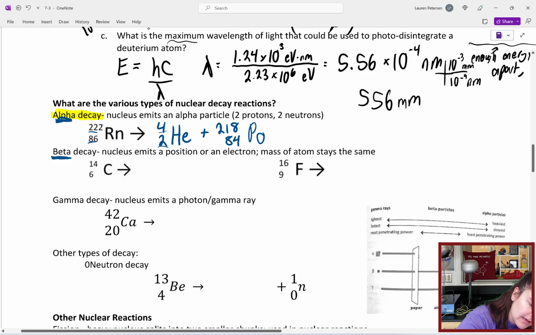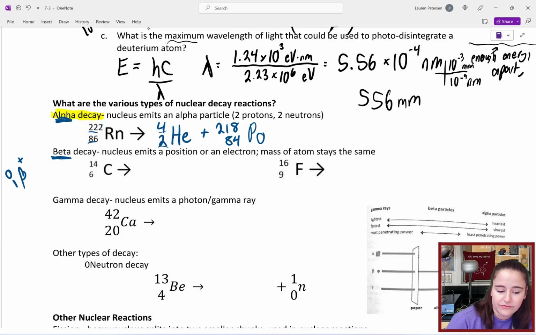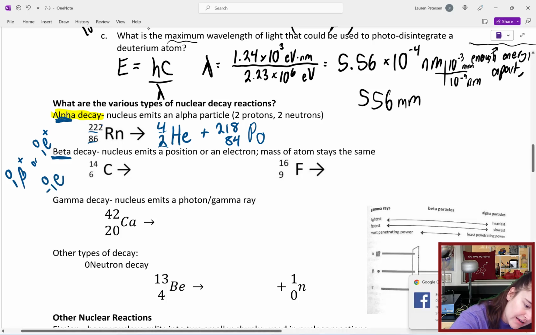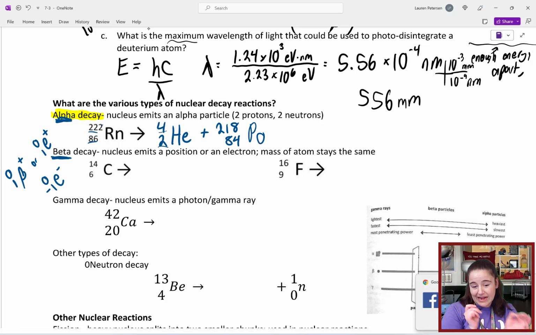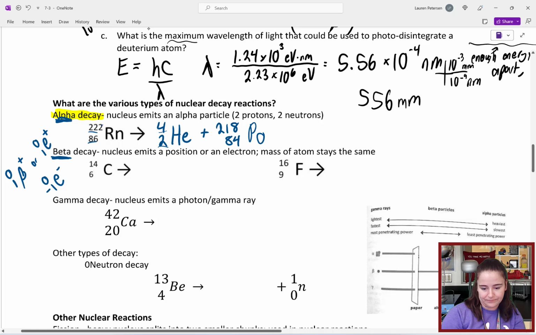You might see it as a 0, 1, beta positive. That's for the positron. Or the same thing, but with an e for an electron, because the electron is typically drawn like that. But again, every now and then you'll see the beta instead of the e for electron.